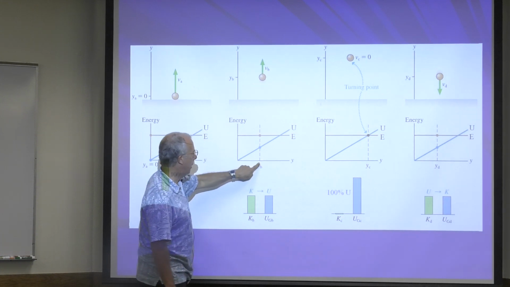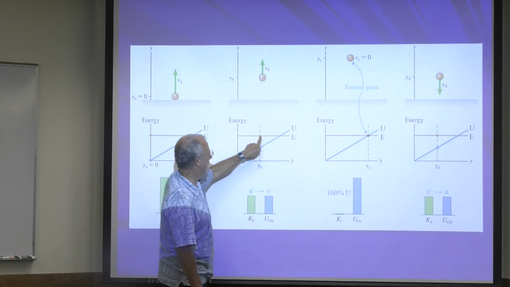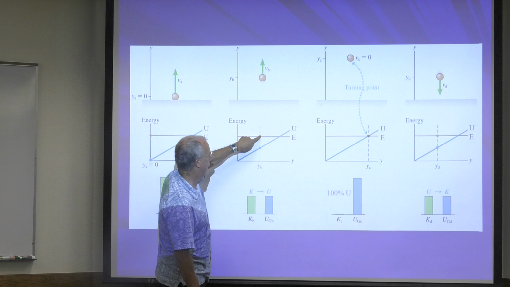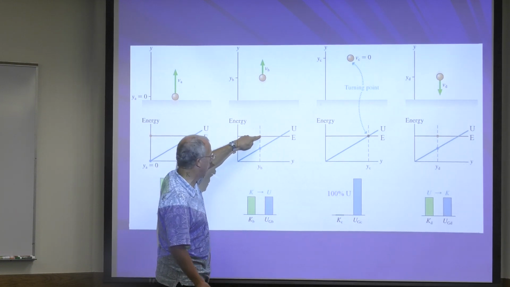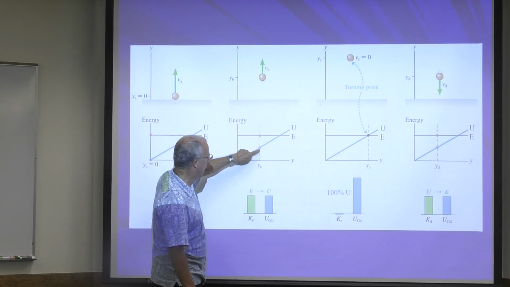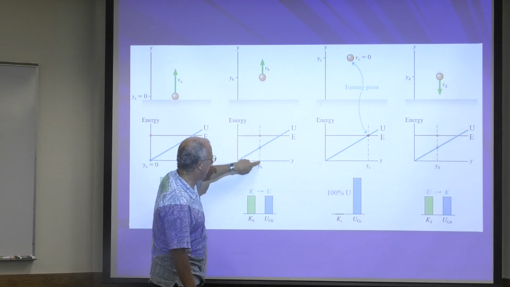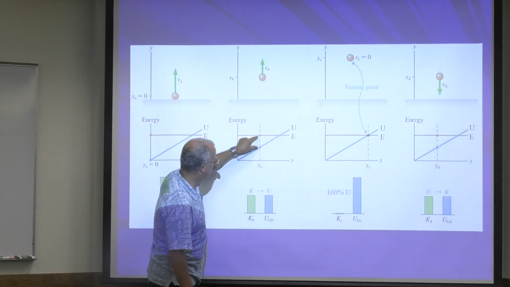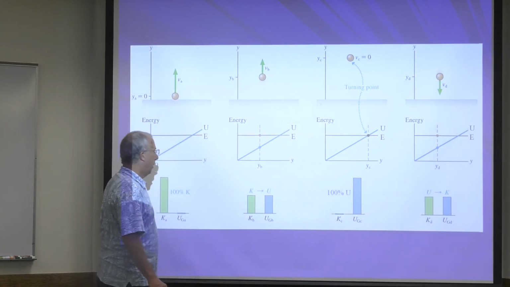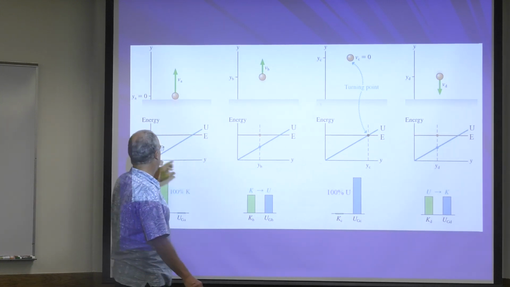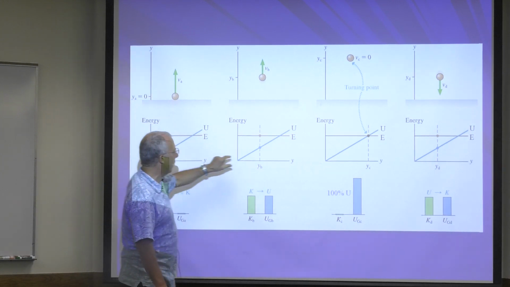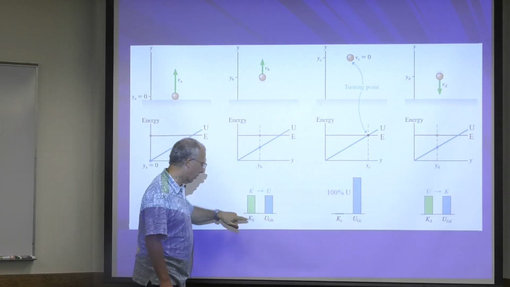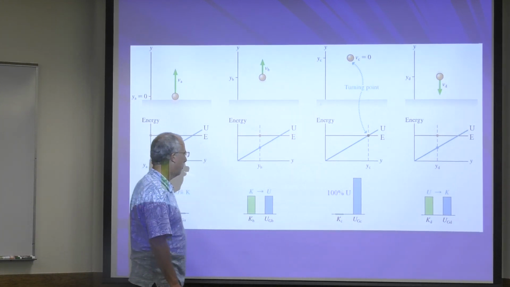Again, the energy is constant, so there's the total energy or the mechanical energy. Here's the gravitational energy, and this is the kinetic energy. And it's supposed to be roughly half and half. So you can see that some of that kinetic energy has become potential energy, right? Kinetic goes to potential, so they're roughly half and half.